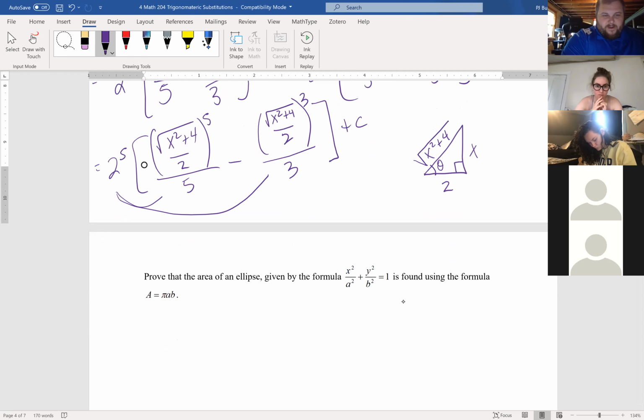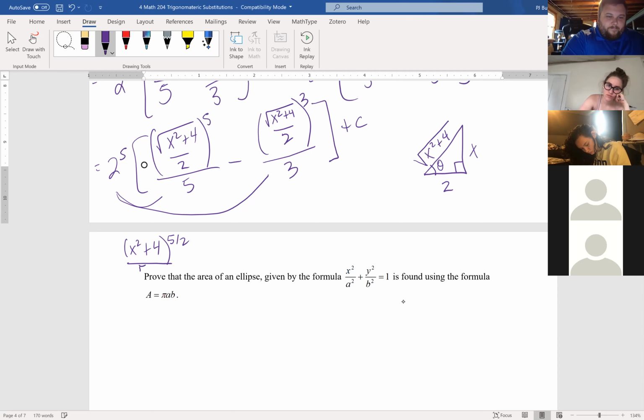So let me just write it out here. I'm going to rewrite this as x squared plus 4 to the 5 halves, because it's to the 5th power and it's a square root. Okay, so it's to the 5 halves. It is still divided by 5.